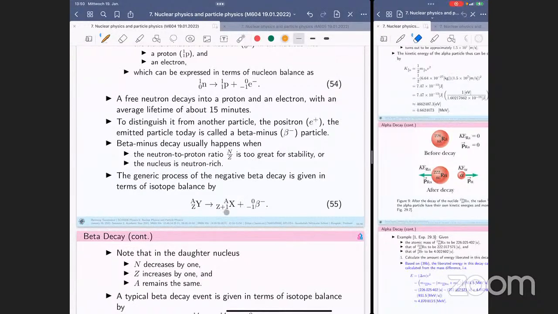Once the atomic number changes, we have a new element, because this is the number of protons.